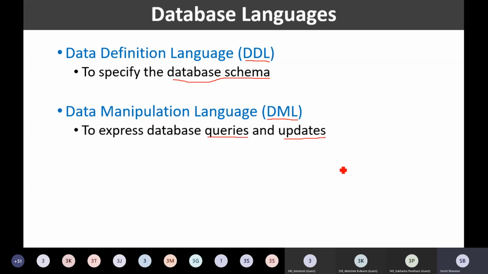If we want to input data, delete data, update the data in the table, or retrieve and access the data, then we make use of the DML. And while specifying the design of the database, defining the tables and the constraints, we make use of data definition language.